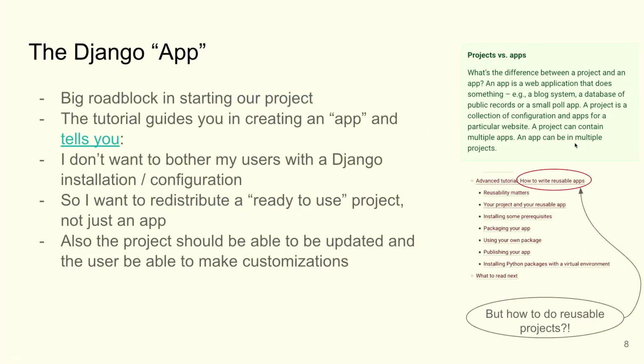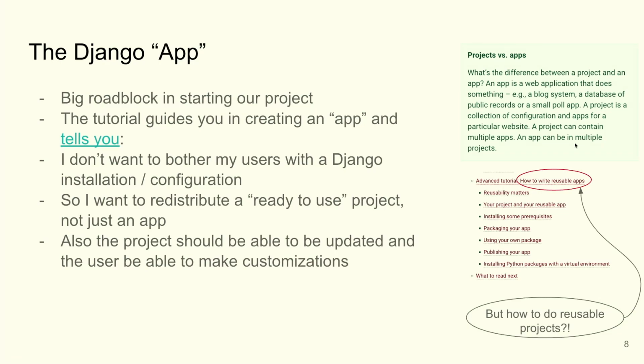The next big part was the Django app, which probably you're all familiar with. For me as a newcomer, this was quite a big roadblock because the documentation tells you there is the project versus the app. The project is the combination of different apps with configuration, and the app is a singular module containing a specific functionality.